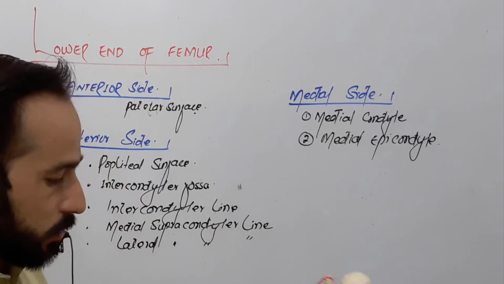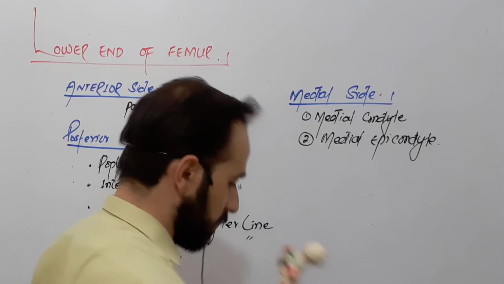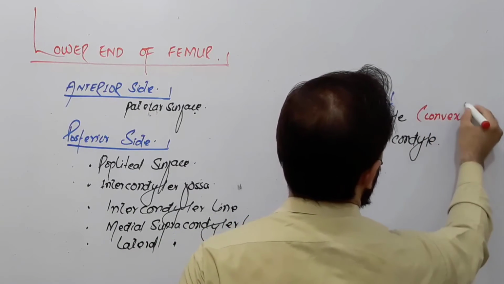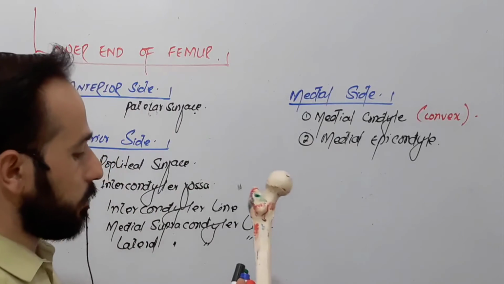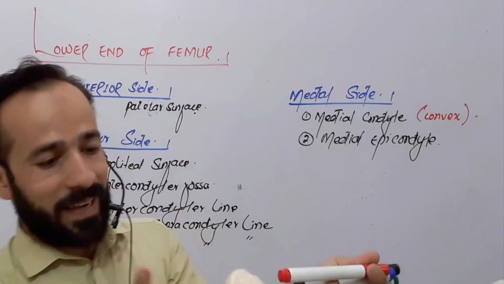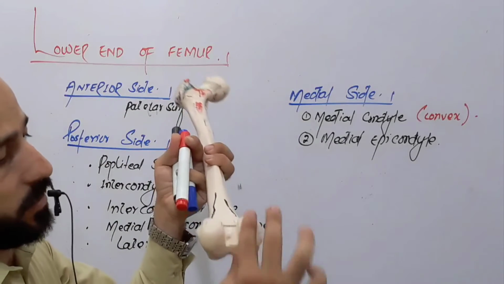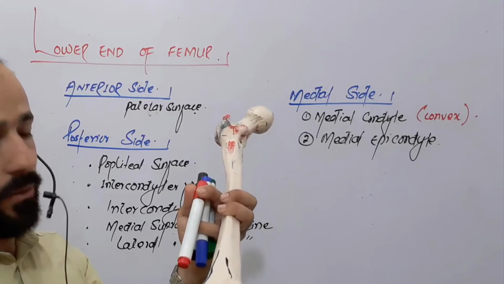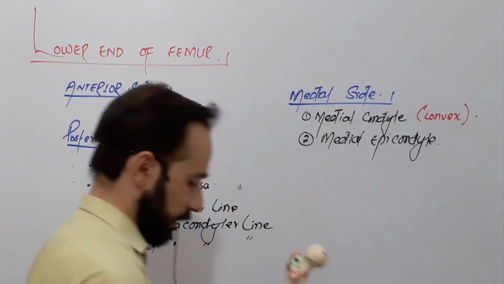And about the medial condyle, we say that this medial condyle is a little bit convex. And as we will see, the lateral condyle will be a little bit flat, right? You can see here this is a little bit convex, but the lateral condyle is a little bit flat. I will show you in the next lecture, right?